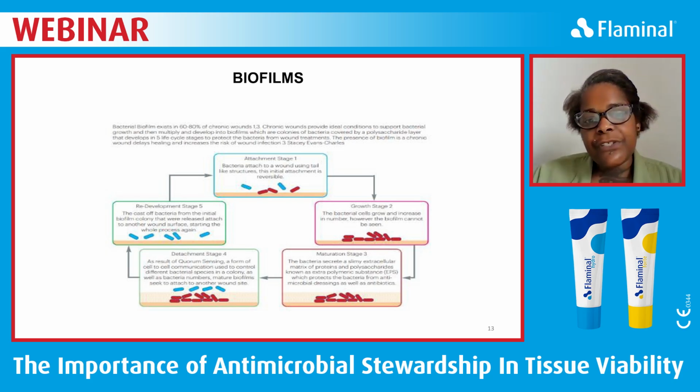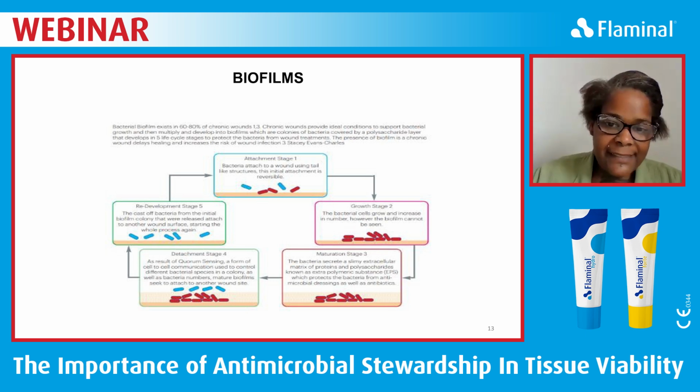It is important to be aware of biofilms, as we may, as clinicians, be able to interject their growth on wounds at the attachment or stage 1, where bacteria attach to the wound using tail-like structures.